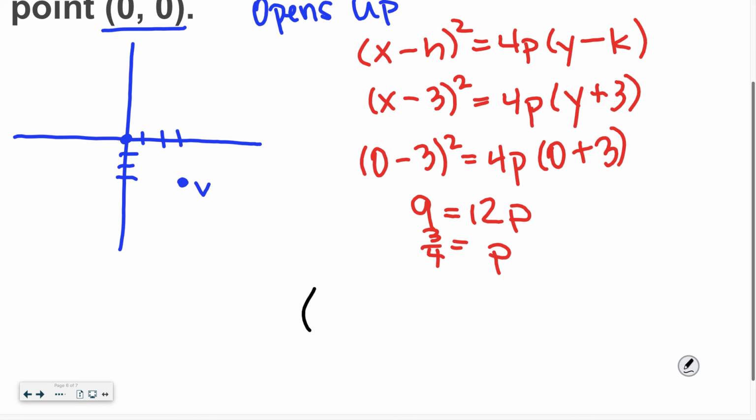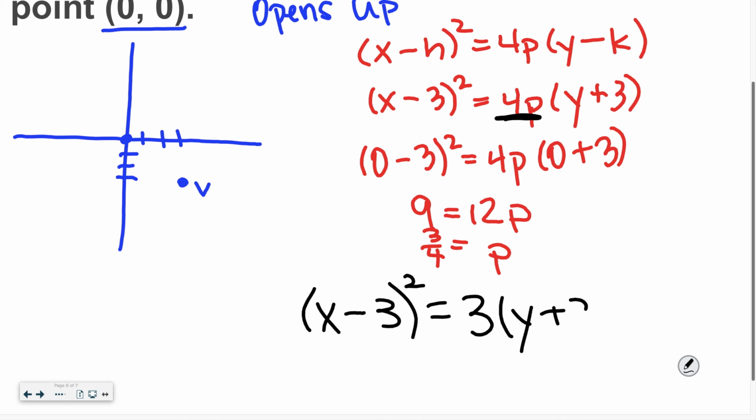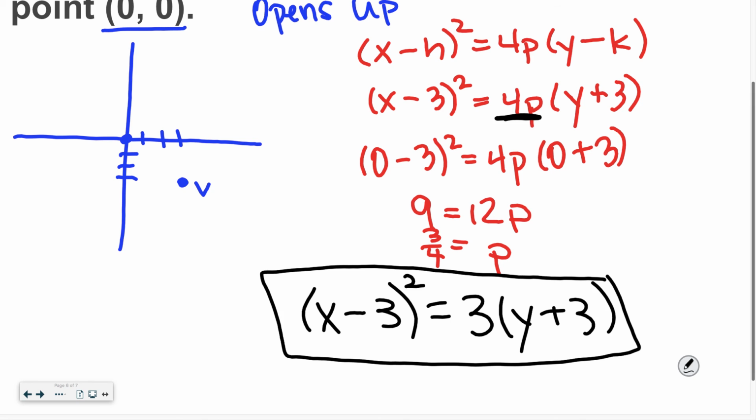So when we write our equation, (x minus 3) squared, 4p would be 3 times the quantity y. Right? 4 times 3/4 would give us 3. So 4p we would write as 3.